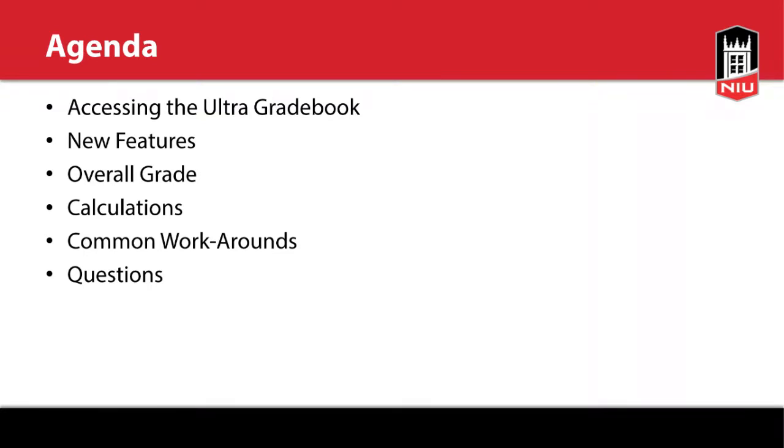There are some new features available. How the overall grade is calculated has been changed. We'll talk about that. Overall grade now is percentage based only, but there are a few workarounds if you are a points type of person.